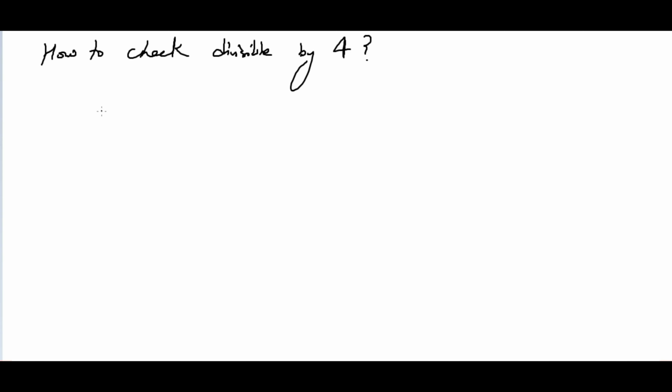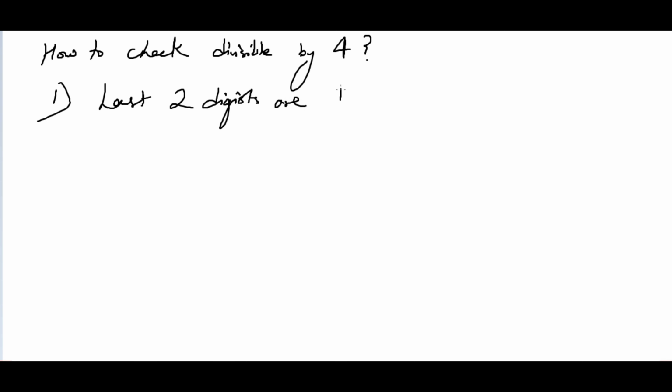What step should we follow while checking for divisibility by 4? We need to check the last two digits of any given number, whether they are divisible by 4 or not.